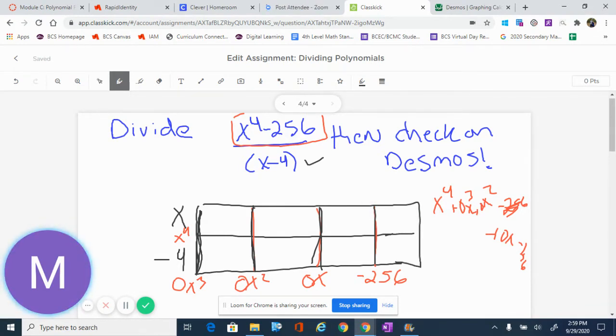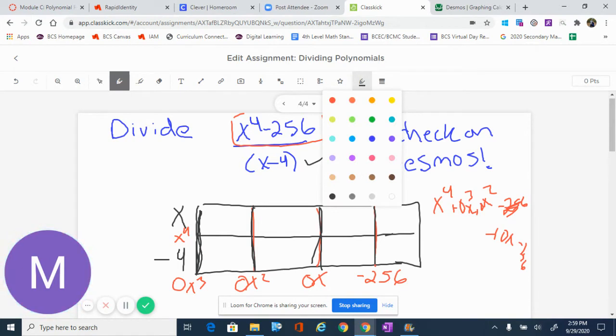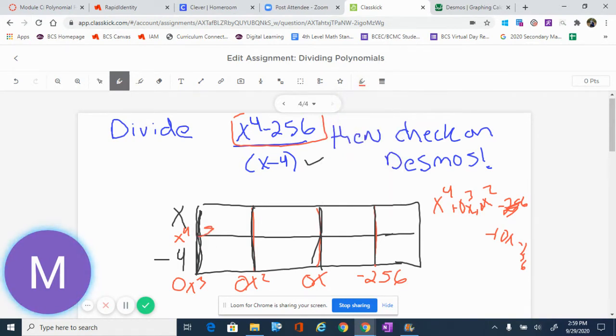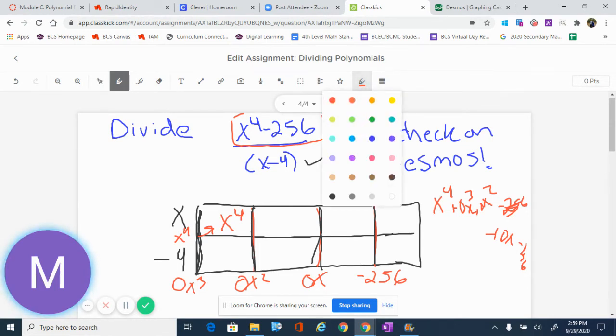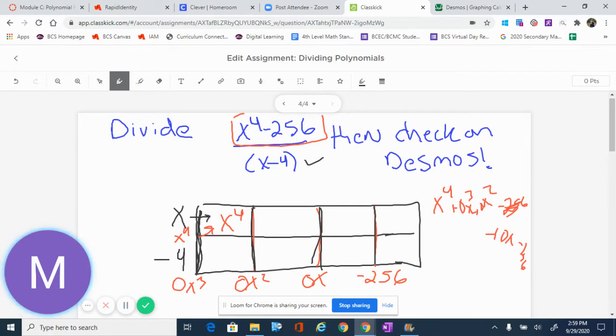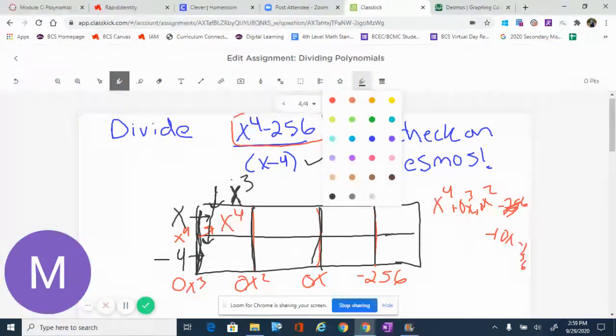which is going to be easy. We take that x to the fourth, and we slide that right into the spot here. And then what I'm going to ask myself is, what do I multiply x by to get that x to the fourth? Well, that's x cubed. And once I know that x cubed goes there, I bring the x cubed all the way down and I multiply it by that negative 4. So this becomes a negative 4x cubed.